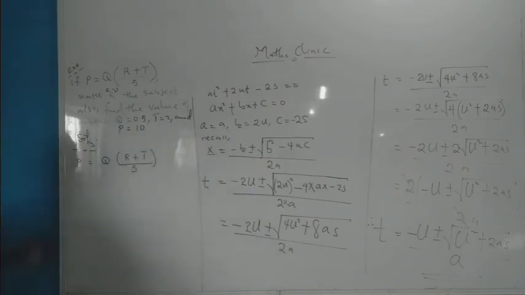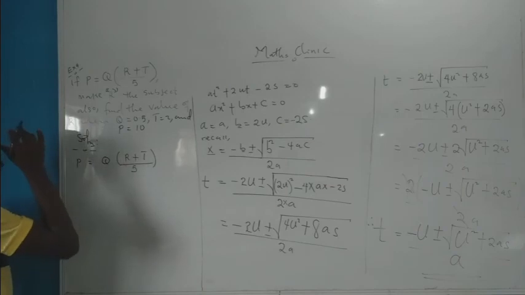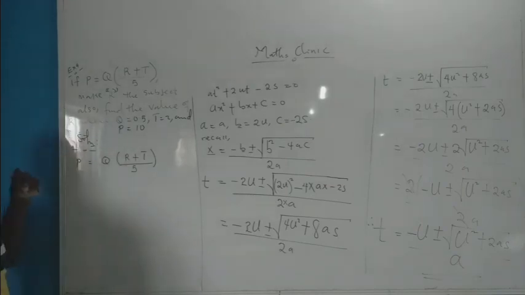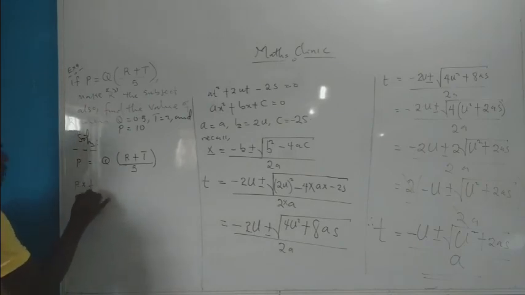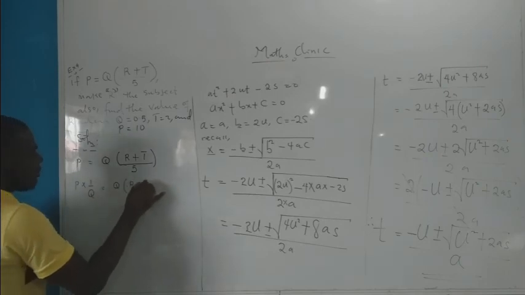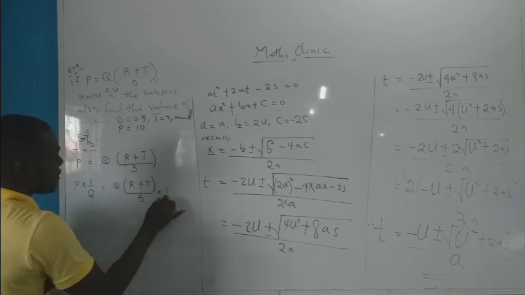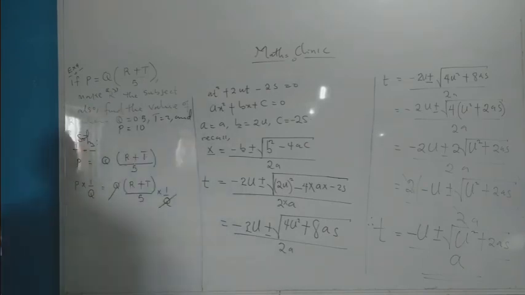Okay? The best thing to do here is to multiply both sides by the inverse of Q. That becomes P times 1 over Q equals to Q into bracket R plus T over 5, times 1 over Q. This and this will go.